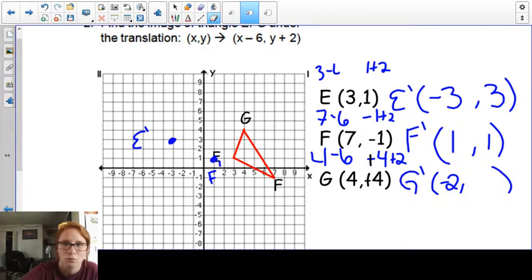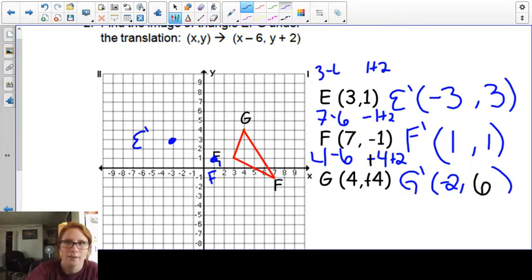That doesn't make sense. So I'm at negative 2, positive 6. I didn't even notice that had happened at all. I'll have to fix that for next time. Sorry about that, guys.